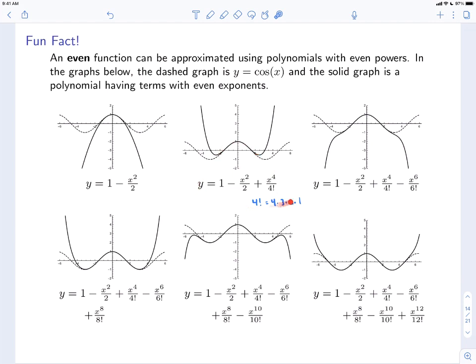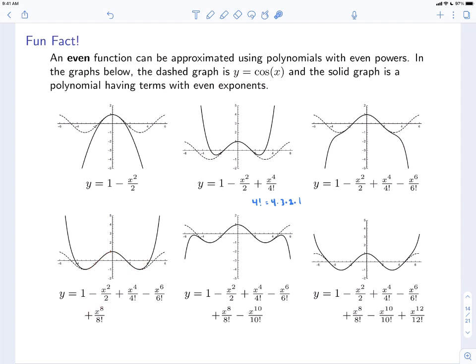Notice that this polynomial has only x to an even power. This 1 is x to the 0. 0 is even. So all of these x's have even powers. And that gives us this degree 4 polynomial here. If we add in an extra term, and by add in I mean subtract x to the 6 over 6 factorial, we get a better approximation. And the more terms that we add in, notice that in each step I'm keeping the same polynomial, but then I'm adding in one more term, x to the 8 over 8 factorial.